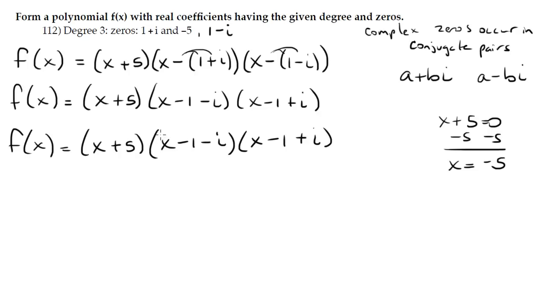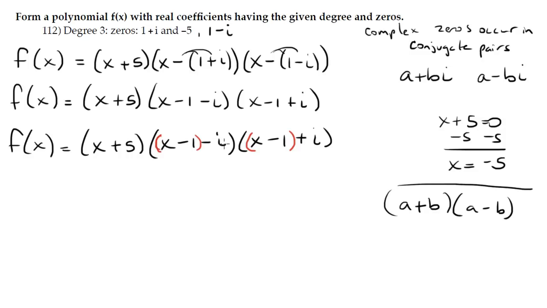I notice that I have x minus 1 here. And I can do that. That's the associative property of addition, right? And I have an x minus 1 here. So I have x minus 1 minus i, here I have x minus 1 plus i. It's sneaky. But what I really have there is a plus b times a minus b.